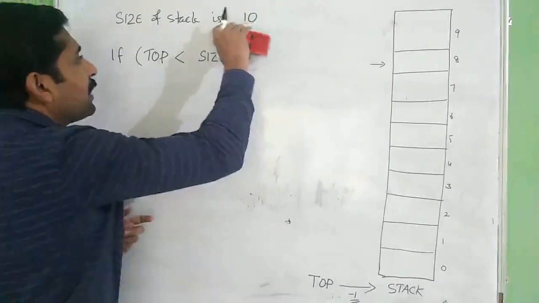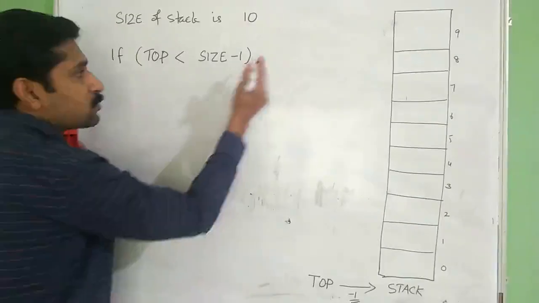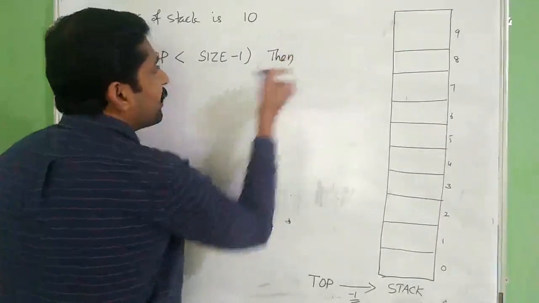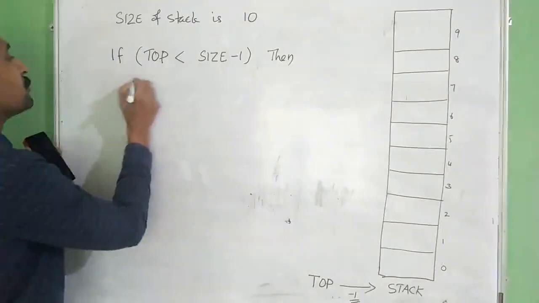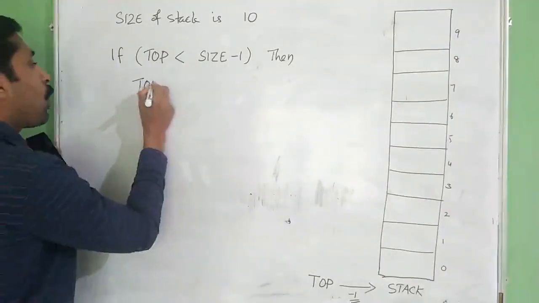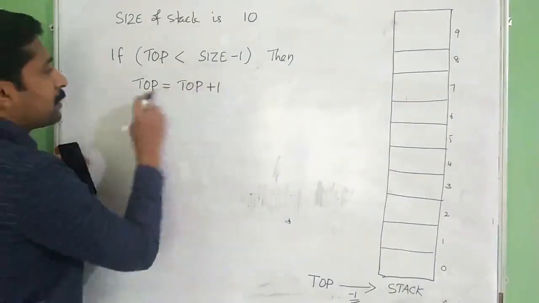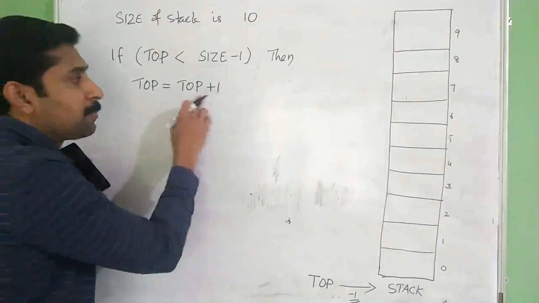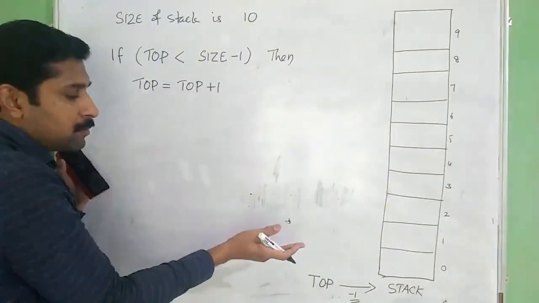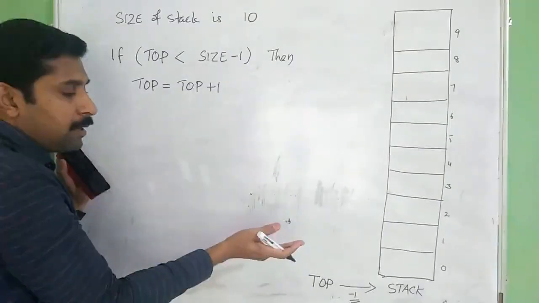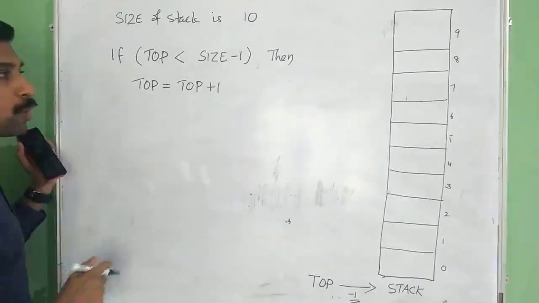So if the top is less than size - 1, then what we have to do? Top equal to top plus 1. Top is to be incremented by 1 so that it should point to the next location.